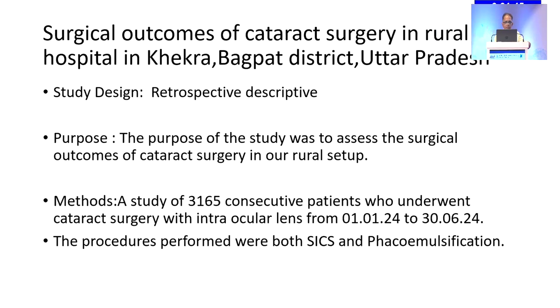With this in mind, and to assess visual outcomes in our rural setup at ADK Jain Eye Hospital, village Khekda, Bagpat district, Uttar Pradesh, we designed a retrospective descriptive study which included 3,165 consecutive patients who underwent cataract surgery, SICS and phacoemulsification with intraocular lens implant, from 1st January 2024 to 30th June 2024.